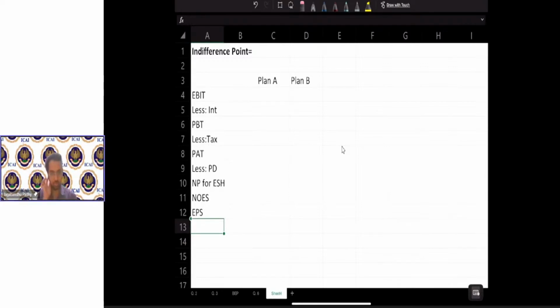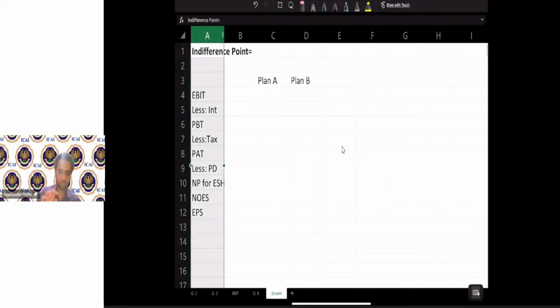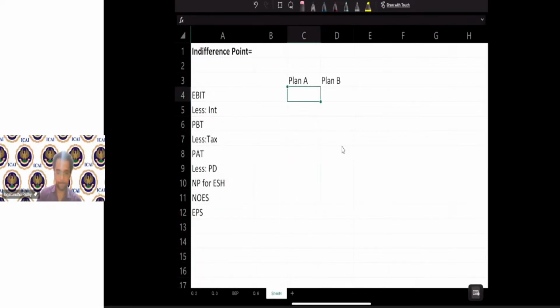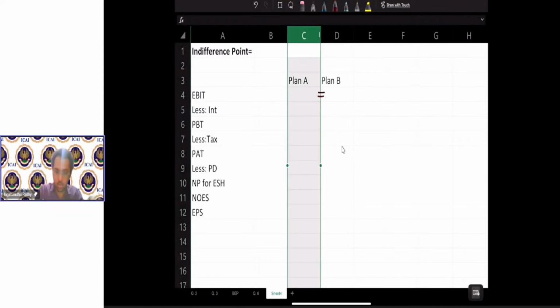So plan A and B, both of them are going to be different, because whatever plan you have, your EBIT cannot change. So EBIT is going to remain the same. Basically, EBIT for both the plans is just going to be equal.